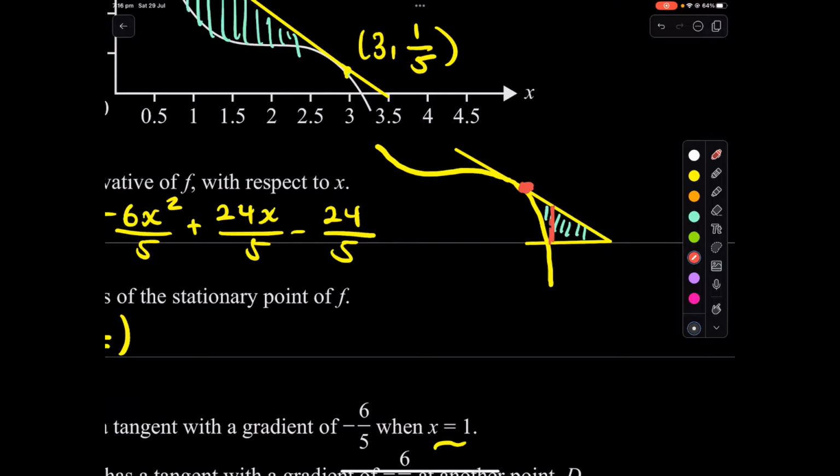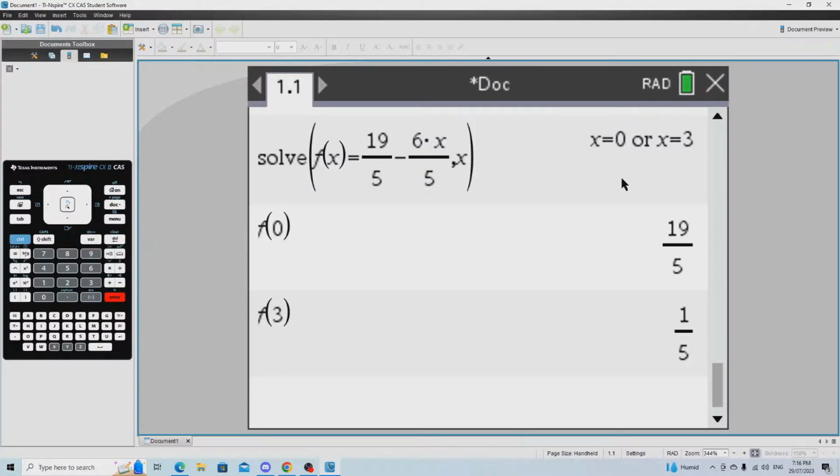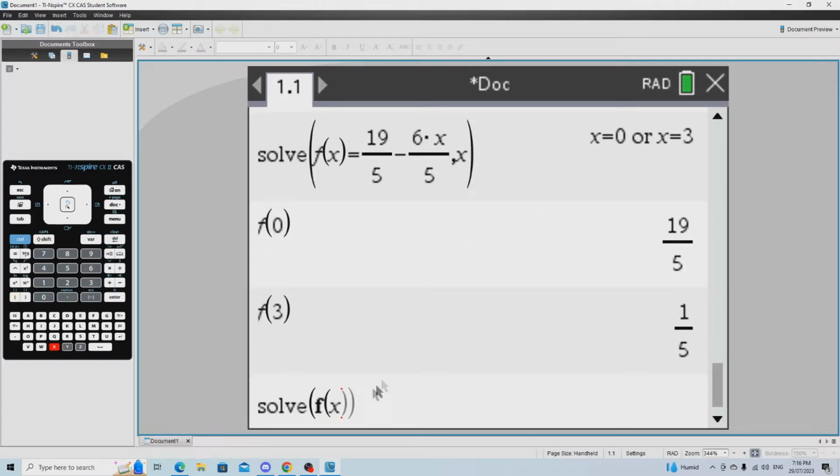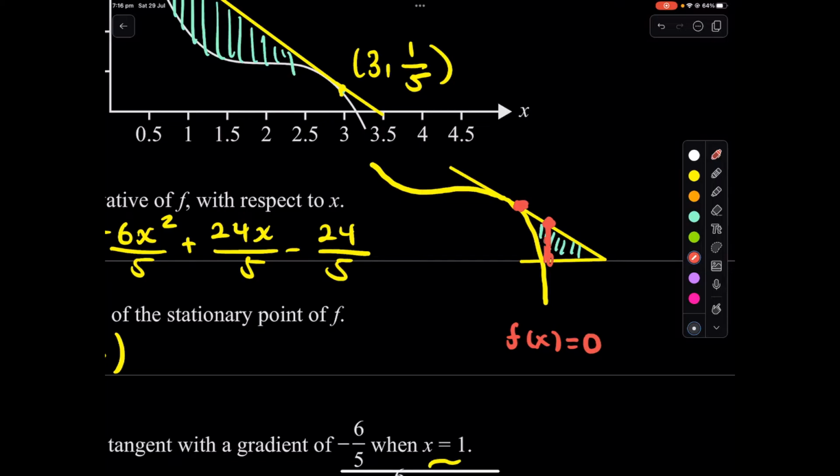We can say, if we find the point of intersection over here, which is where f of x equals 0, so let's solve f of x equals 0, comma x, and we get this yuck number.